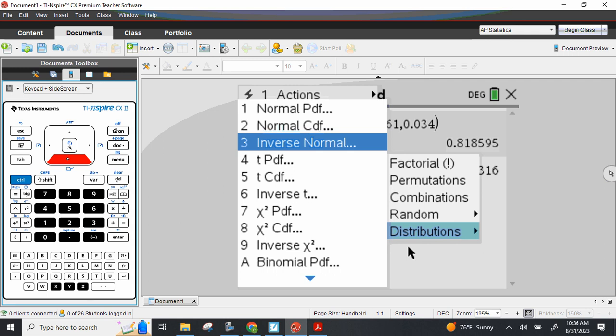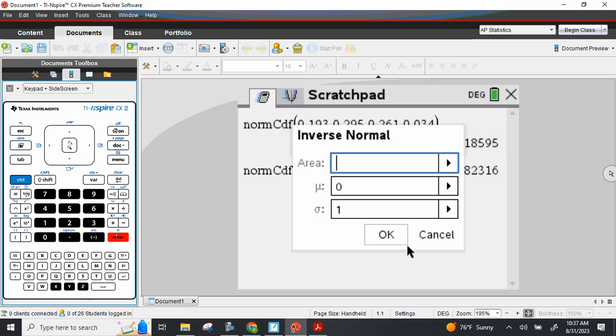And what I want is an area. Okay, so now this is where it gets tricky, and you need to think about it. If I want a location for an area that has 20% above, right? That's going to be the exact same location as an area 80% below, right? You know what I'm saying? So that's where I need to be careful.